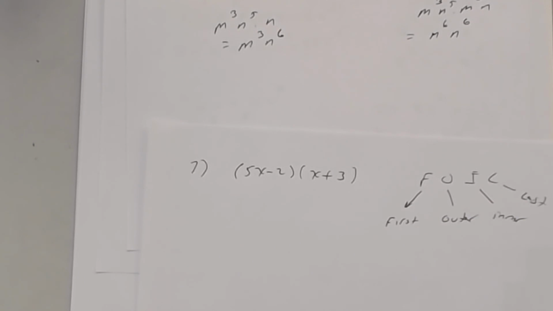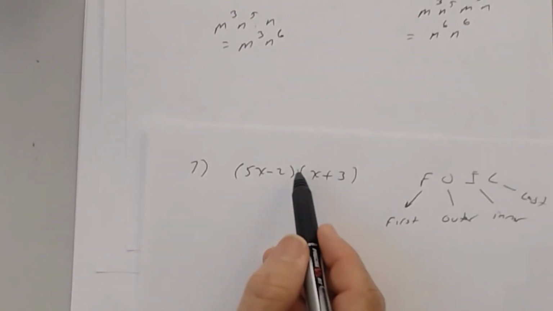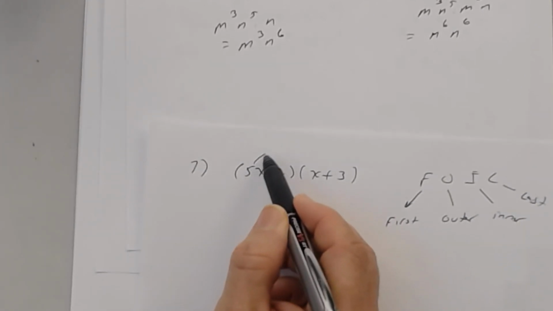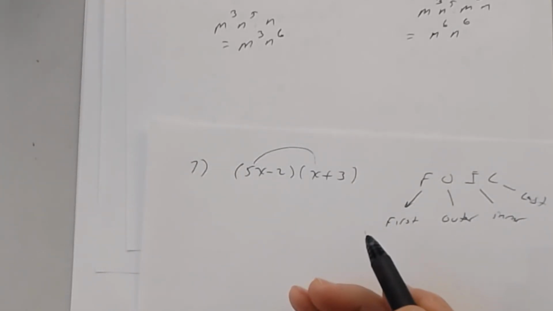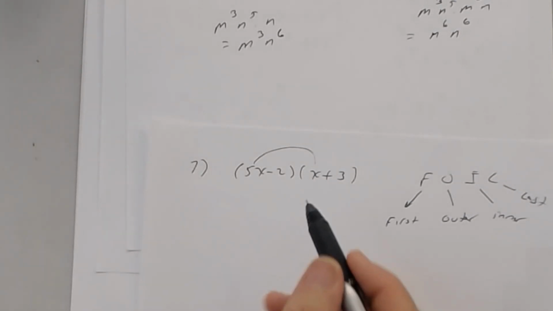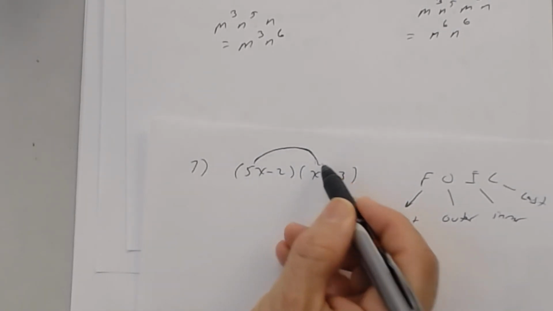The F says I take the first term of each binomial. And remember, what's that operation right here that I'm pointing to? Multiplication. So I take the first term here, the first term here. Remember those little arcs that you drew? There were 4 of them that you drew. So first times first is what?